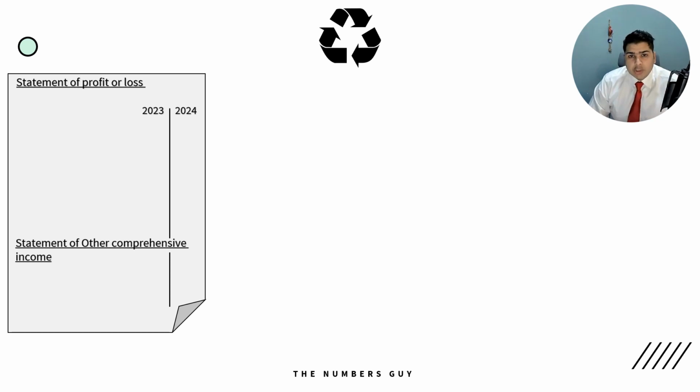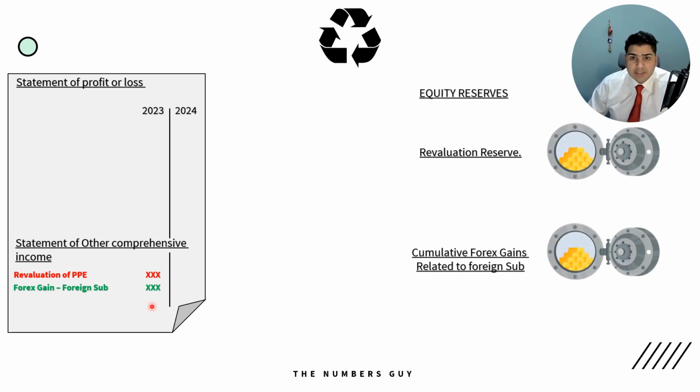Now, talking about the idea of recycling an item to the P&L. What is this recycling? Students ask me all the time. Guys, when you present an item in the OCI, it has a separate account in the equity section of the company, a separate pocket in the equity section of the company. Talking about revaluation of PPE, that will have a separate reserve, a separate account in the equity section.